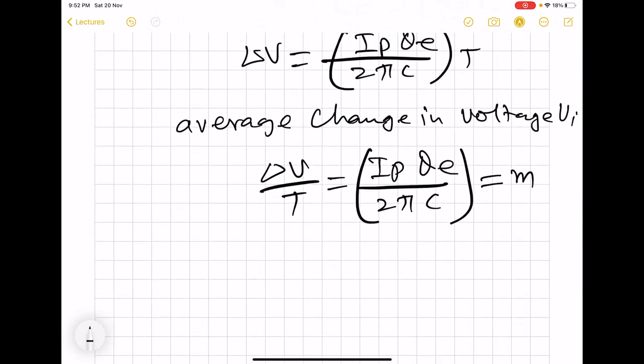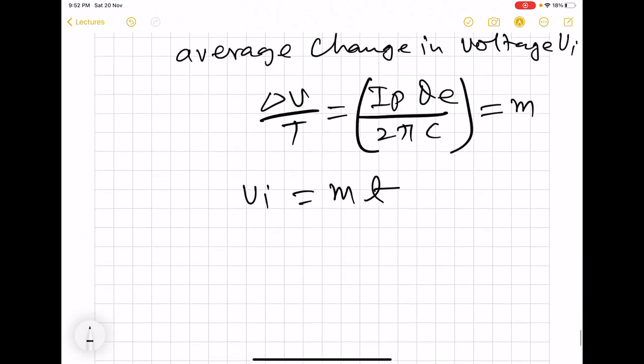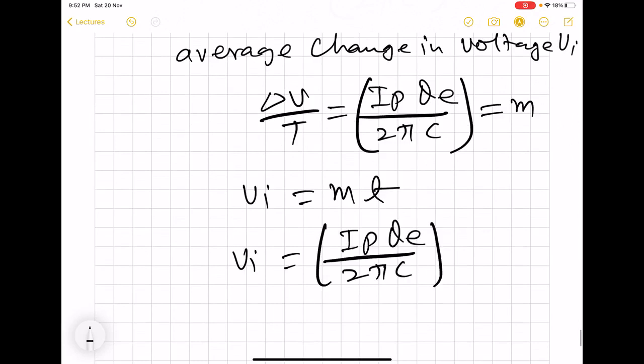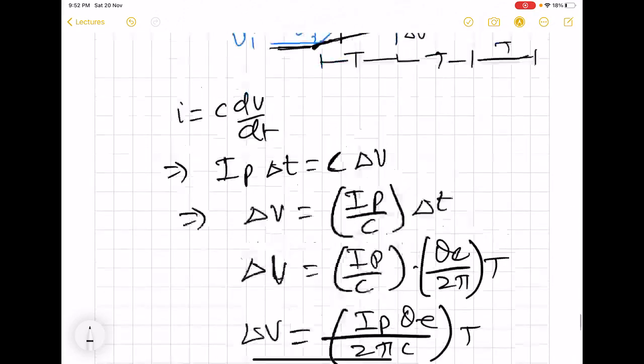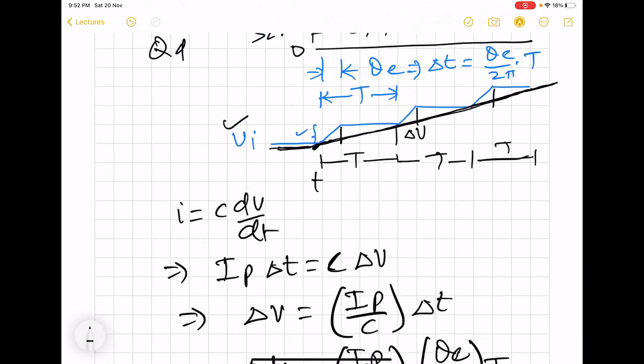We can now write the equation for this Vi. This is going to be Vi equal to this slope into t. This Vi is Ip theta e by 2 pi C into t. But here t equal to 0 moment is this one, and it is 0 value before that.